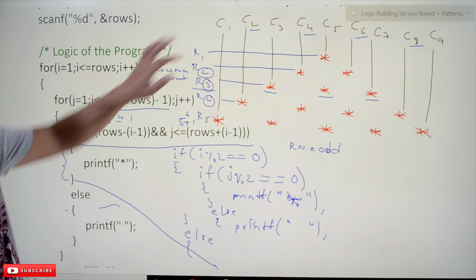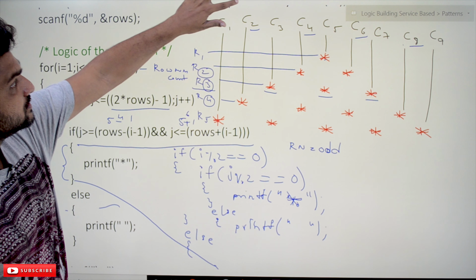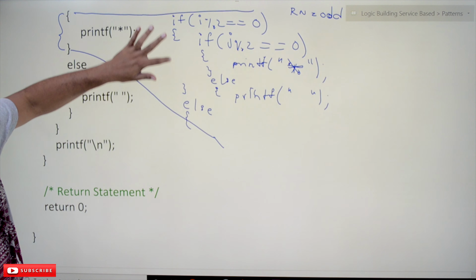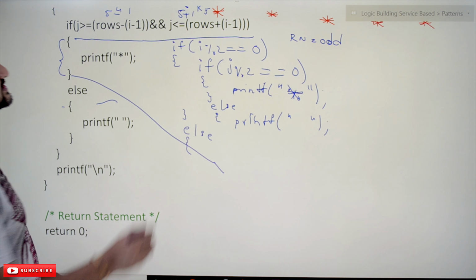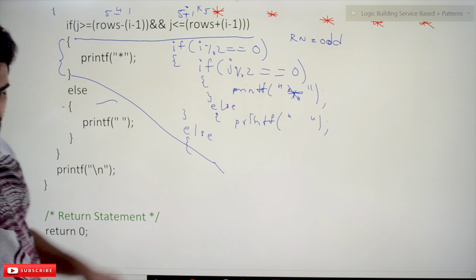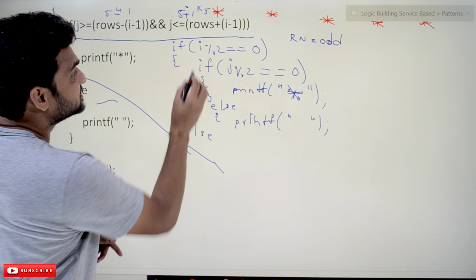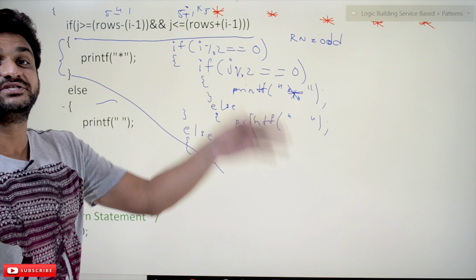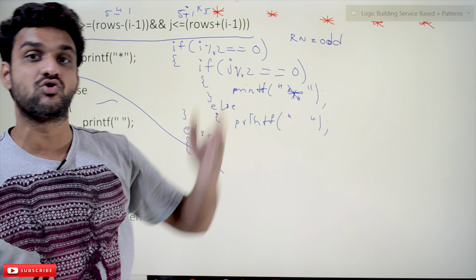It means i mod 2 is not equal to 0, which means that we are in the odd number row.